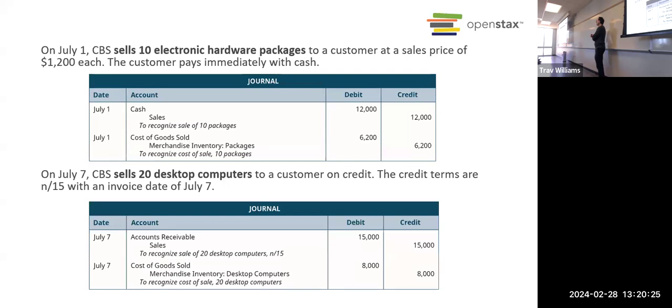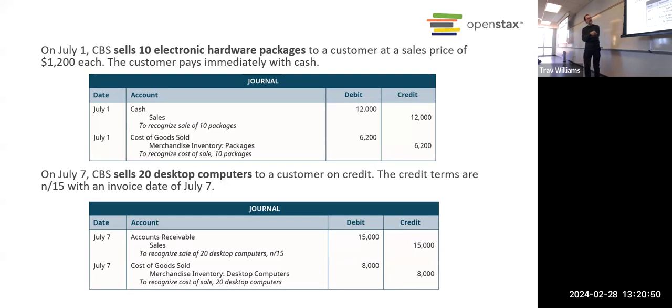Did the customer pay for the computer? No, and we know that because it says accounts receivable. Is there an option for this customer who bought the computers to get a discount if they pay early? No, there isn't, right?